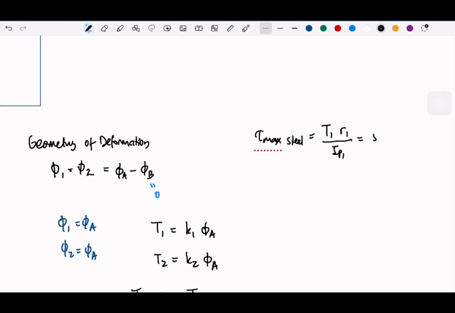So this is going to be 5.801 megapascal, and tau max for the aluminum will be T2 times R2, only the outer radius. Okay, remember, if you have a hollow tube, the tau max will be on the outer surface radius. This will be 3.123 MPa.